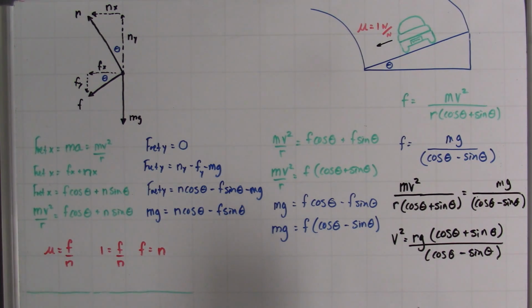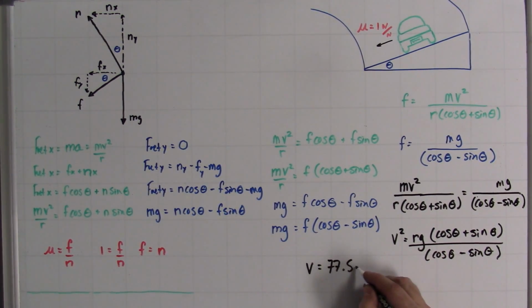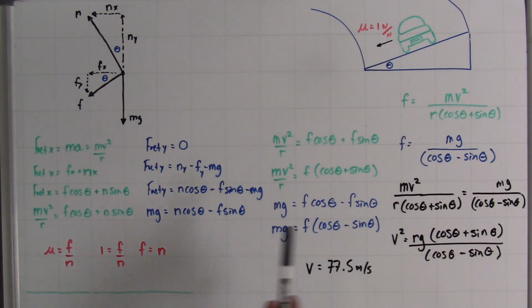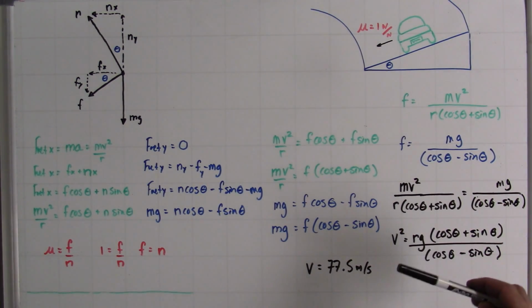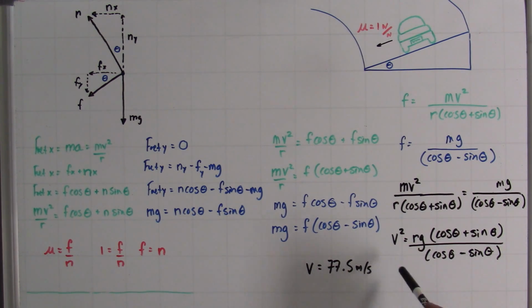And when you plug and chug that, when I did it, I got speed is equal to about 77.5 meters per second. And that's with the best track conditions at 77.5 meters per second, and compare that to the no friction, which was 30 meters per second. And this is a pretty complicated understanding of this, but it really shows us how the friction can increase the speed that we can go.